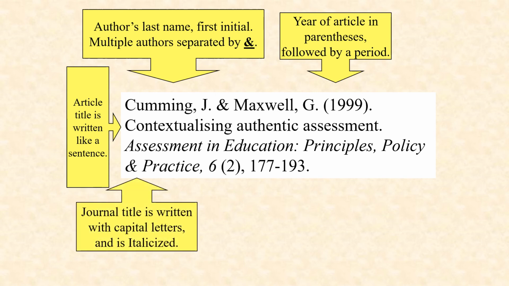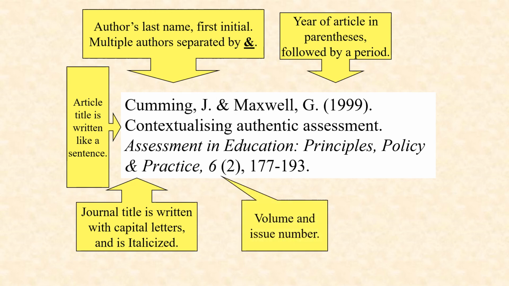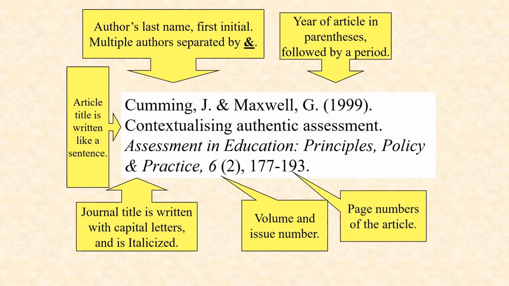Then the journal title is written as you would expect with capital letters, and also we italicize. Then we'll follow that with any information that is also found in conjunction with this journal and this article. If there's a volume number, if there's an issue number, and if we can locate page numbers of the article, then we include all of those as well.